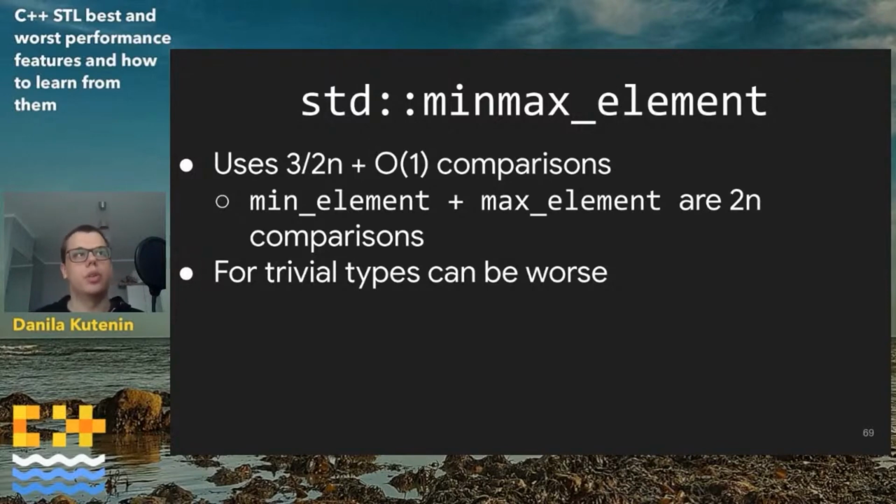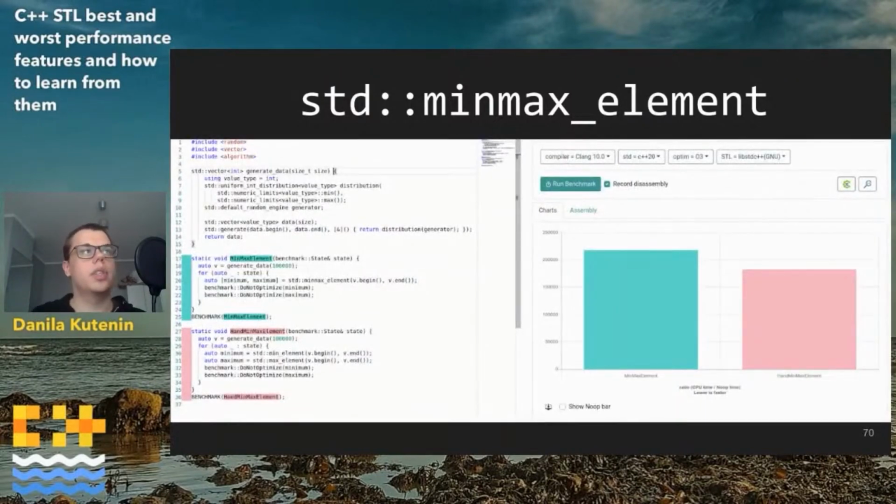It's written in the standard: you must have this number of comparisons. This is good for more complex types. For a vector of strings, you want to save comparisons. If you save 25% of all the comparisons, that's even better. So it has some cost for trivial types, but it's actually better for most of the other types.